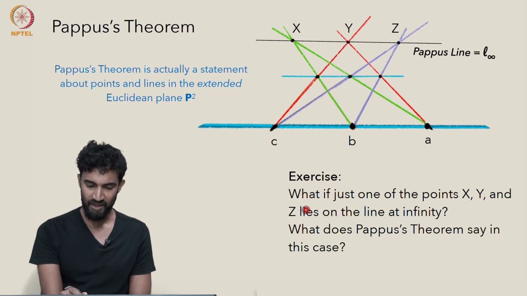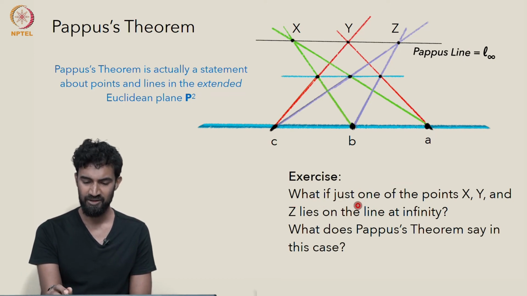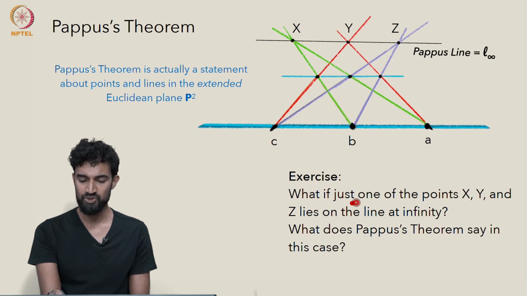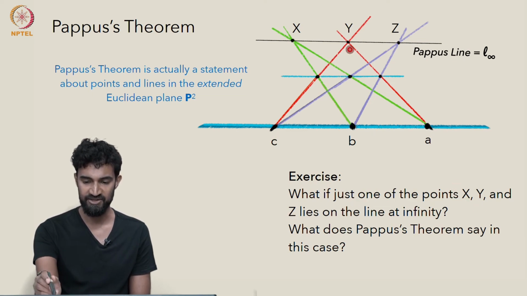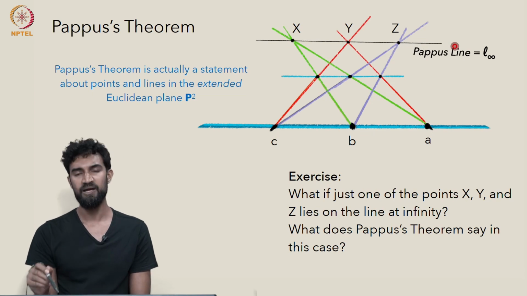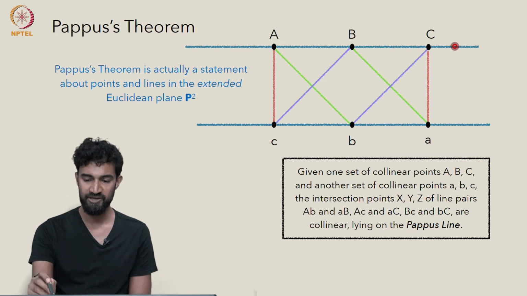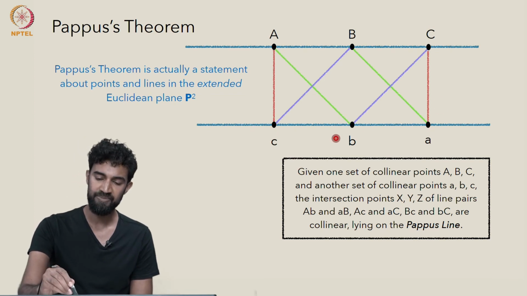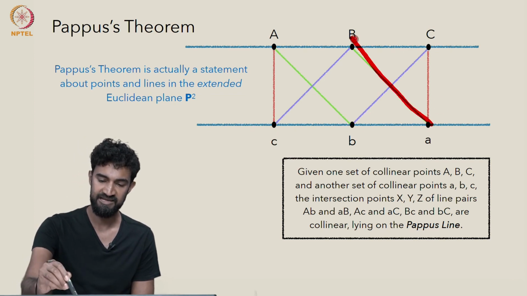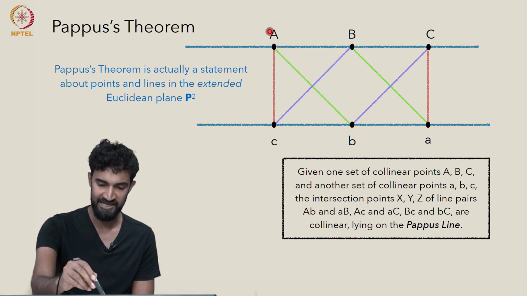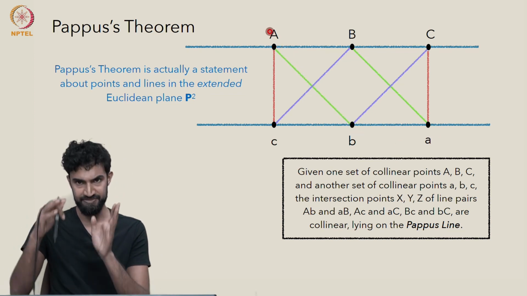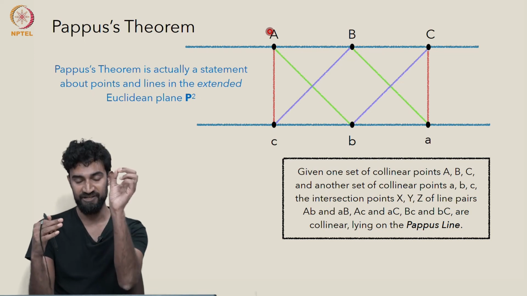So as an exercise, I want you to think about a different situation where just one of the points X, Y, and Z lies on this line at infinity. In other words, you can draw a configuration where just one of the pairs, say little ab and little ba, appear parallel in this bird's eye view and intersect at infinity.